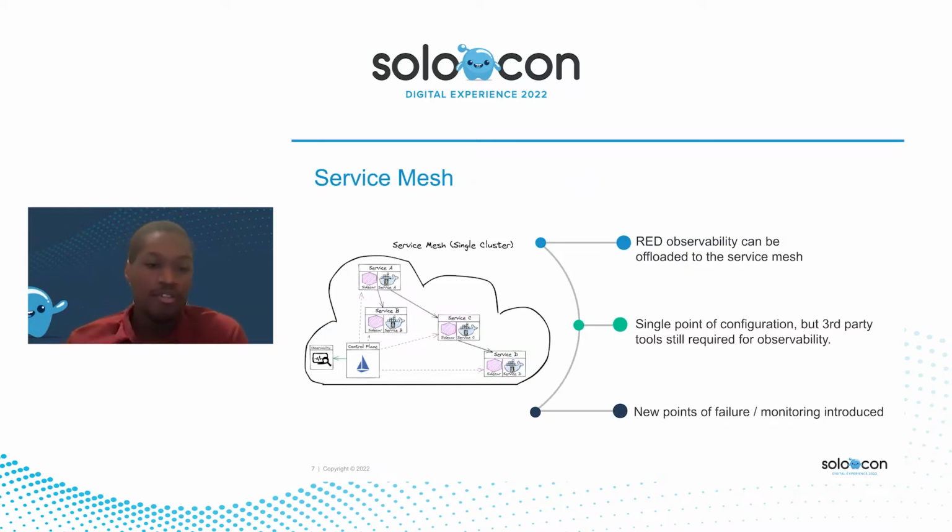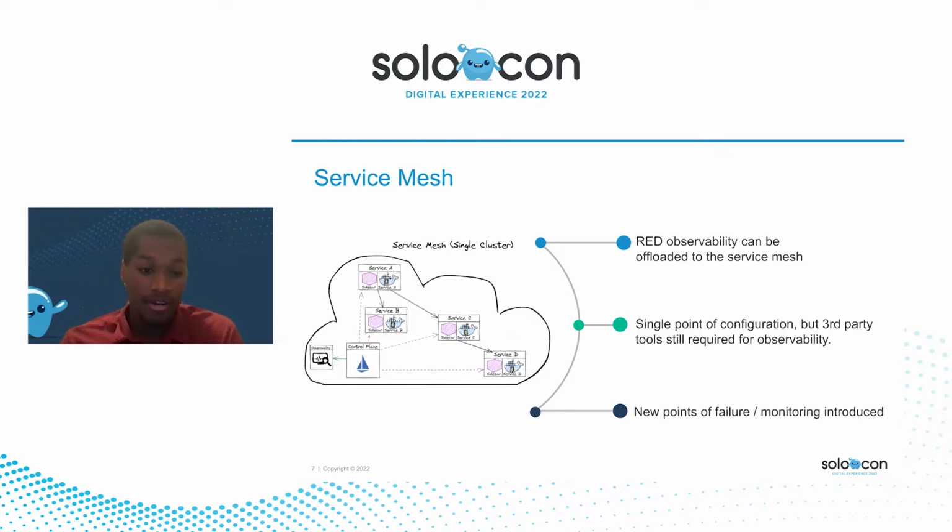So another assumption we'll be using through this presentation is we're assuming that you are using Istio or related service mesh, which works by injecting an Envoy sidecar into each of your services. And I'll just get it started with just talking about some of the benefits of using Istio or related service meshes.